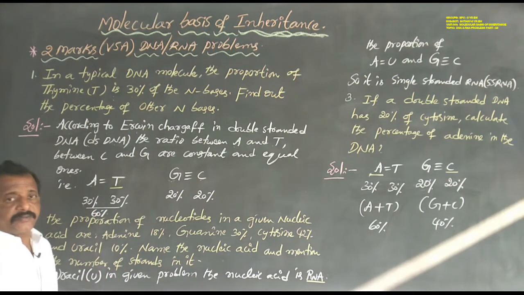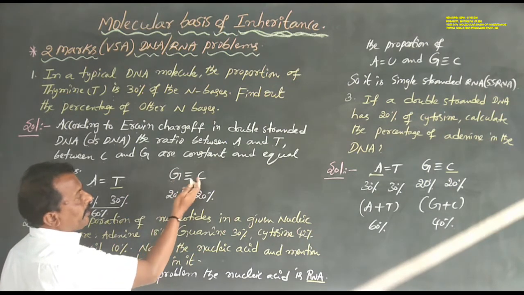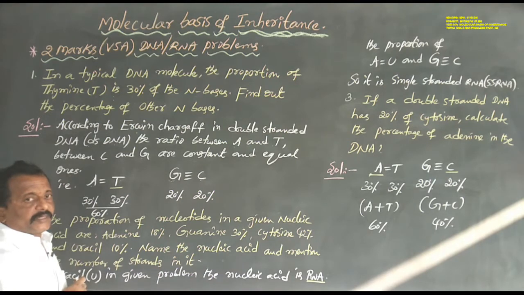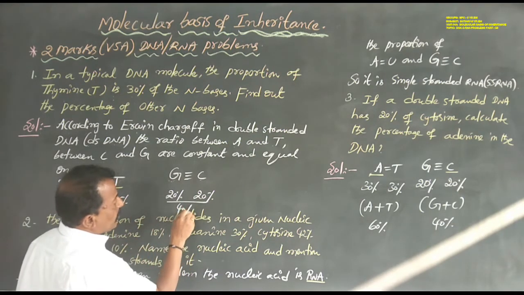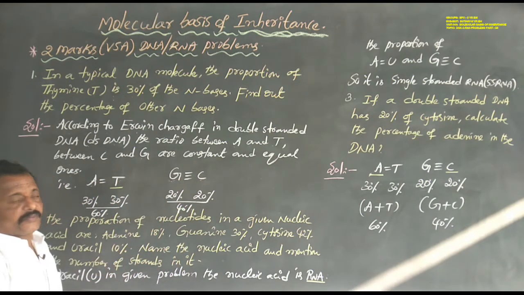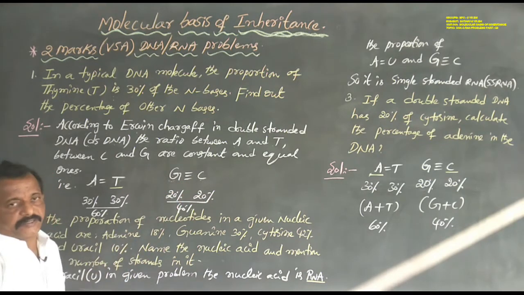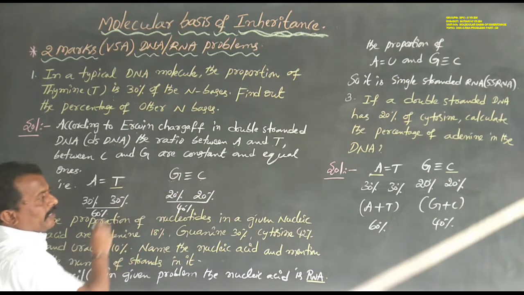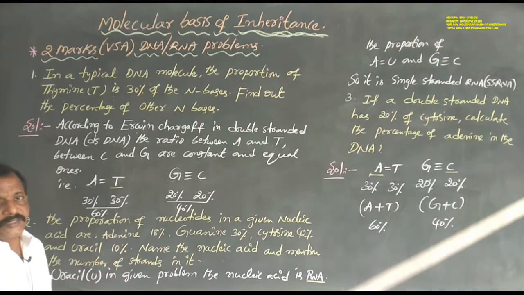The remaining 40% is to be distributed between the second purine and the second pyrimidine, in equal ratio, that is guanine 20% and cytosine 20%, totally 40%.